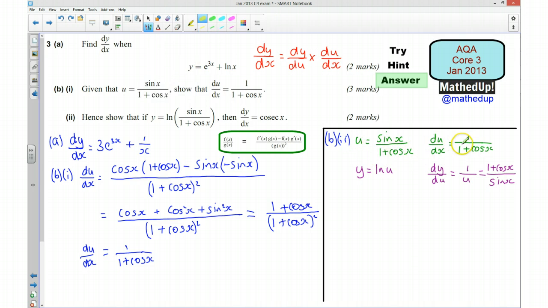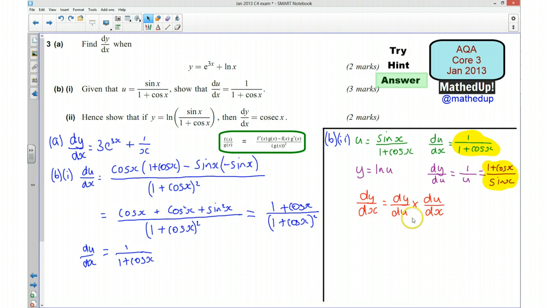I need this here, and I need this here. Okay, so we know that dy by dx is going to be equal to dy by du times by du by dx. So I can now say, well, that means that dy by dx is going to be equal to dy by du, which is this here, multiplied by du by dx, which is this bit here.